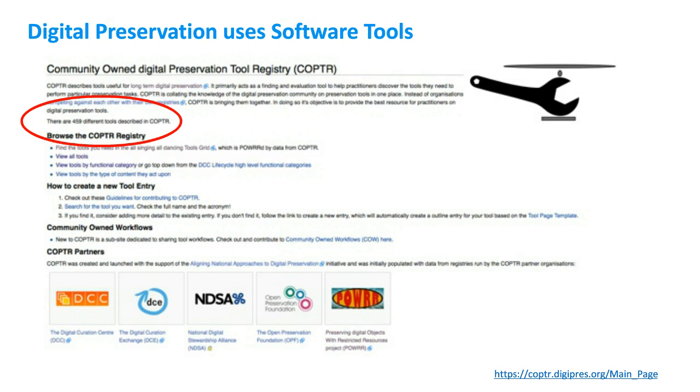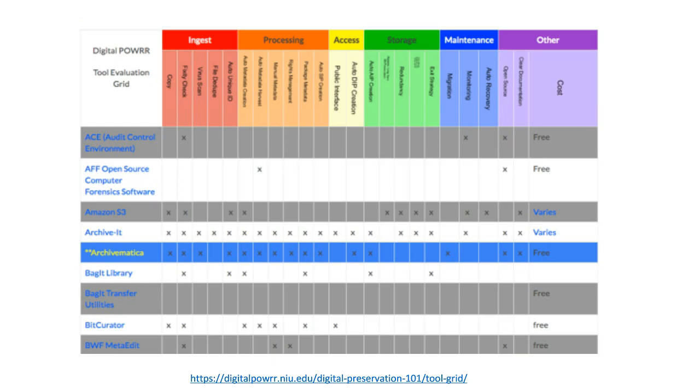So what that means in practice is that you can look at the activities of digital preservation from the Digital Curation Centre lifecycle model, that circular thing I showed at the start. You can look at what level of maturity you want to achieve using the NDSA levels or DPC RAM, and then you can go to COPTR and find out what tools you can use to achieve that. And indeed, the Power Tool Grid does exactly that. It shows you what tools are available for each stage of the digital preservation process.